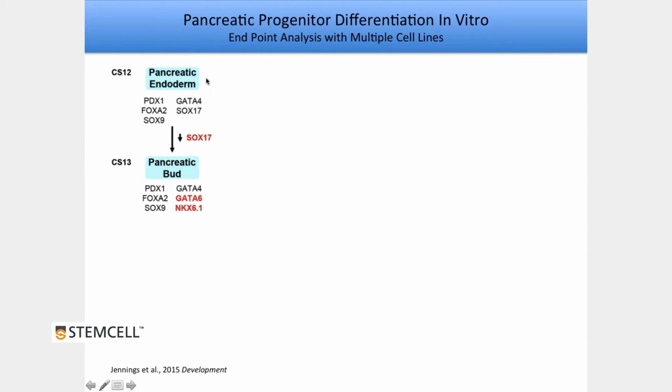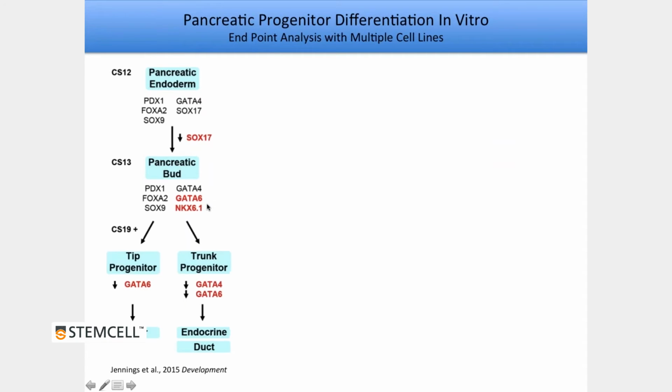At Carnegie stage 12, the pancreatic endoderm has emerged, which expresses PDX1, FOXA2, SOX9, GATA4, and SOX17. As these cells progress towards pancreatic bud cells, they downregulate SOX17 and upregulate GATA6 and NKX6.1. Upon further differentiation towards the acinar, endocrine and duct lineages, they downregulate GATA6 or a combination of GATA4 and GATA6.